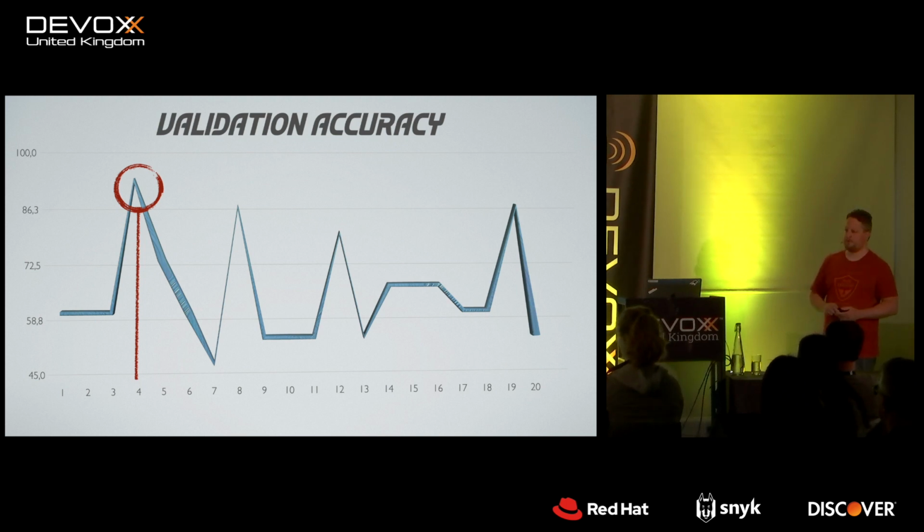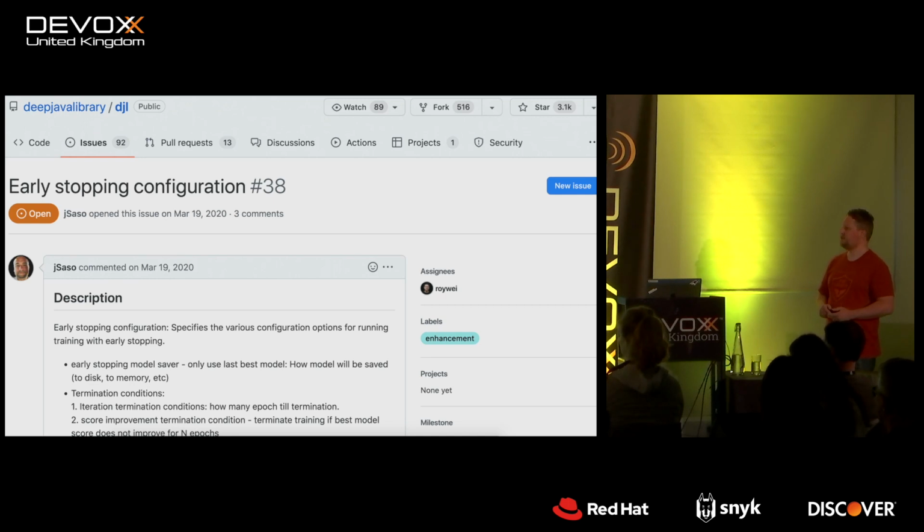Unfortunately, this is not supported right out of the box. There is an issue that requests an early stopping configuration. With an early stopping configuration, you can say, okay, stop training after X amount of epochs, or if the model hasn't improved in X amount of epochs, or if a specific target is reached.